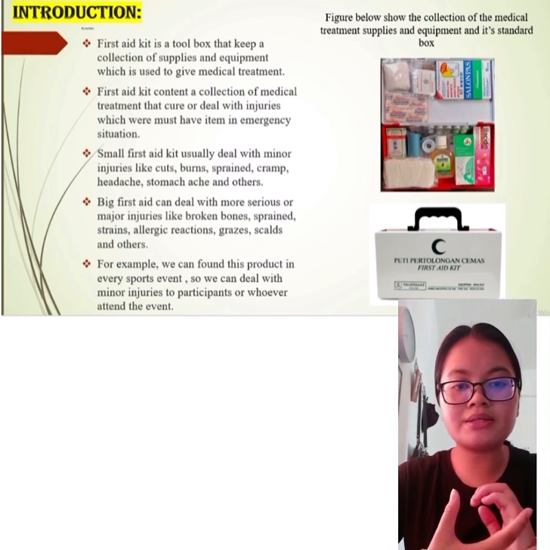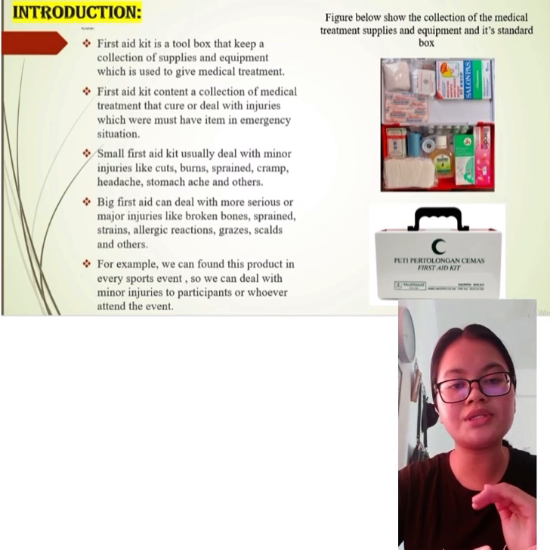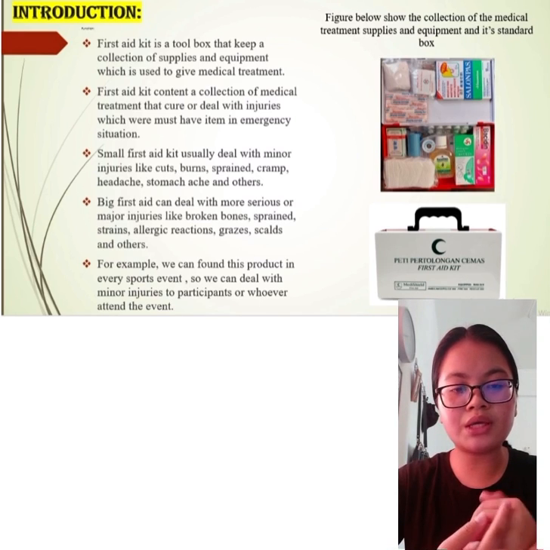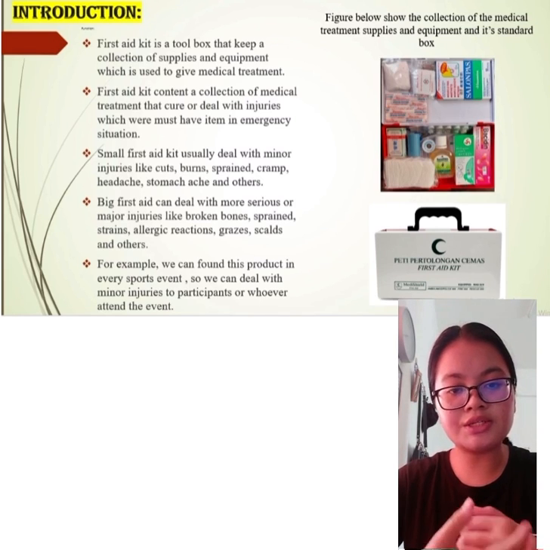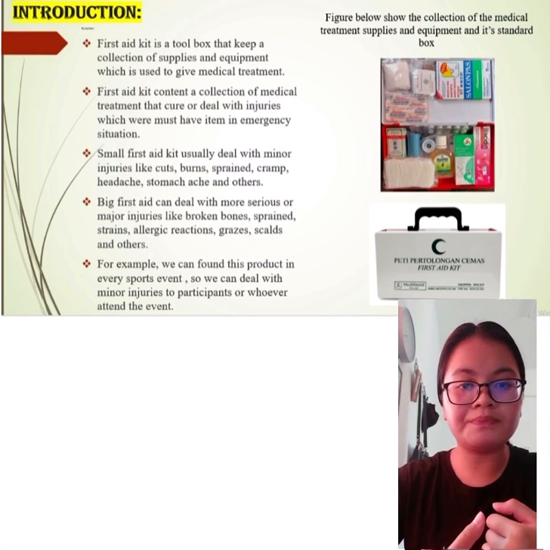This is a must-have item in an emergency situation so that we can deal with injuries. There are two types of first aid kit, the small one and the big one.